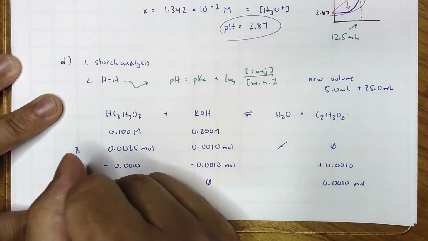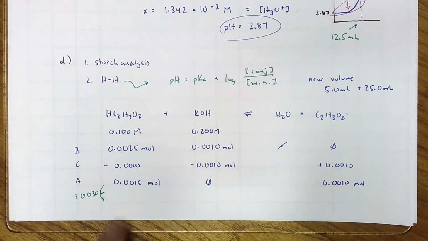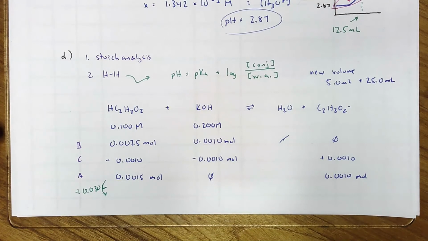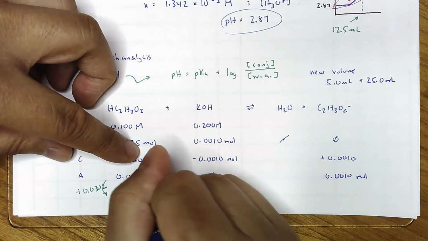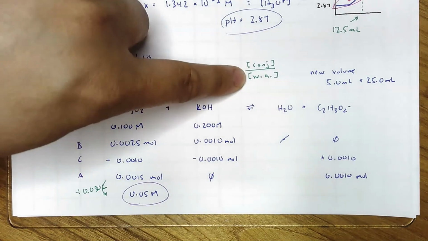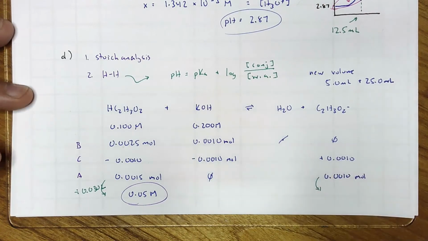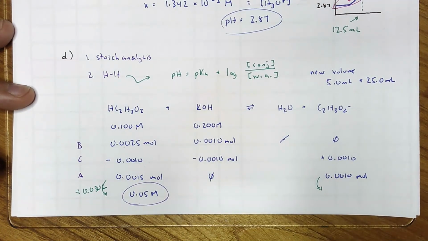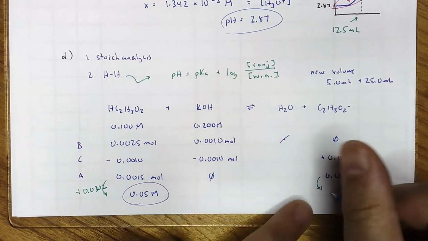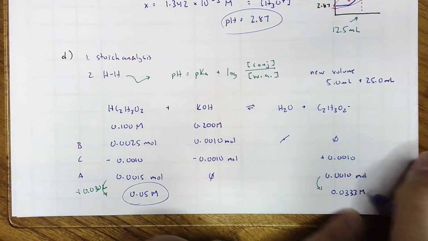So we are dividing by 0.030 liters. We're going to get molarity divided by 0.030. We have 0.05 molar. That number is going to be put here on the denominator, and we convert this into a concentration, 0.0010 divided by 0.030, and this one is 0.0333 molar.